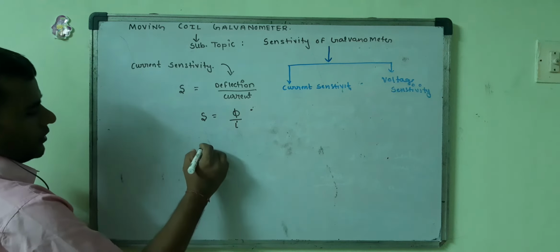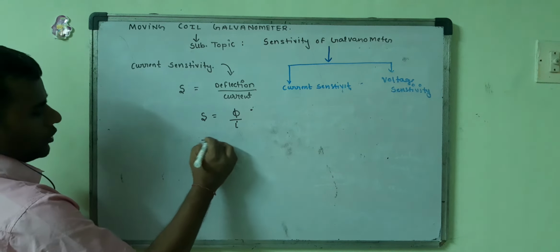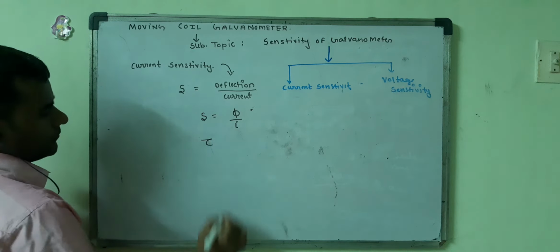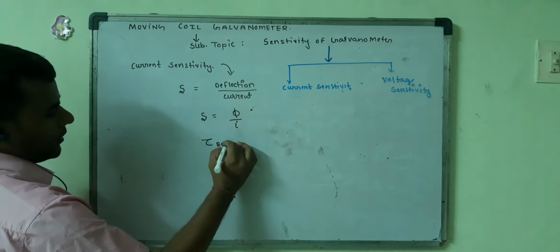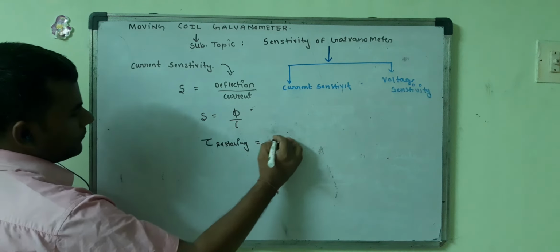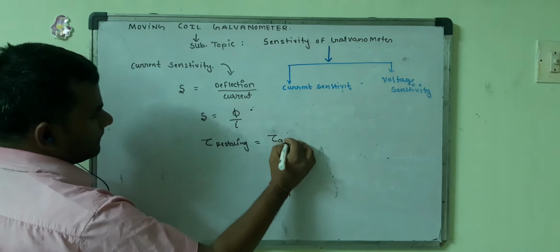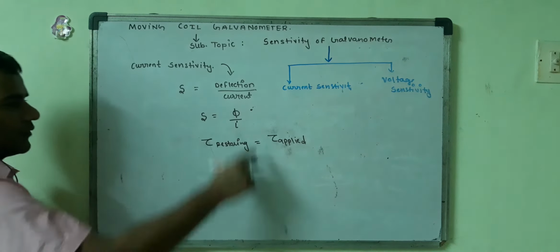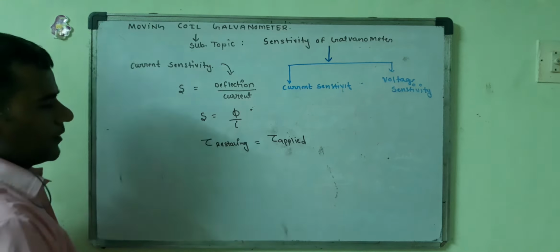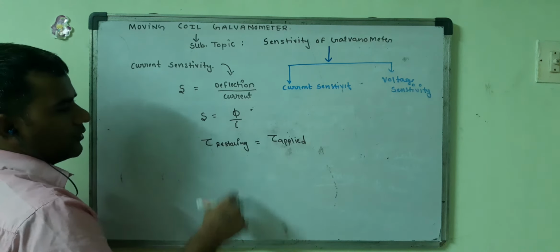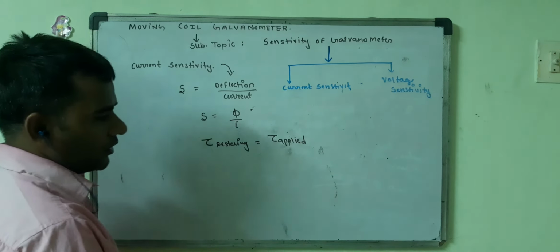We know that restoring torque tau equal to tau applied. From here we are going to take a formula, I equal to what, so that you can represent this sensitivity in terms of number of turns and magnetic field and all.